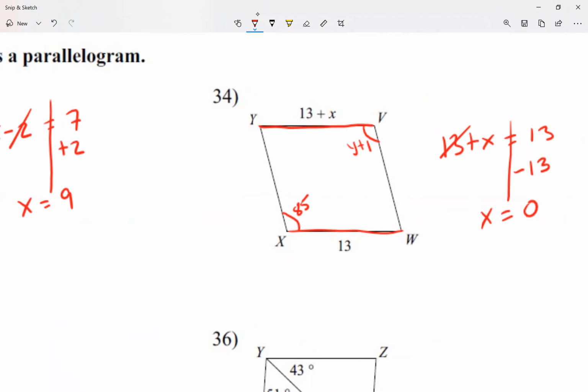In this case, you let them equal each other. Y plus 1 equals 85. And then I could even ask for a z here. 85 plus z is equal to 180. Remember, in angles, opposite angles are equal. Adjacent angles add up to 180.